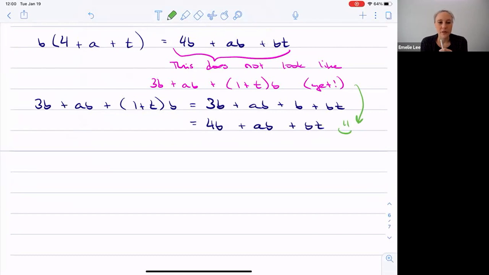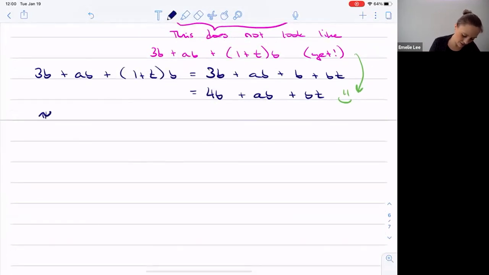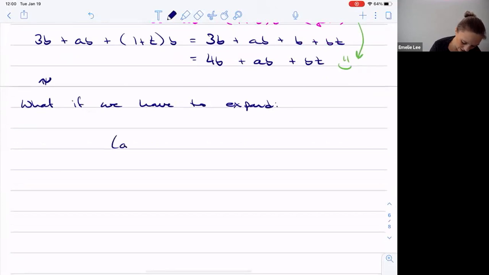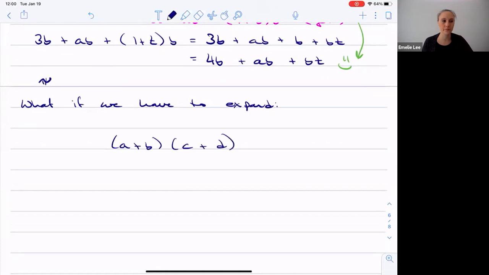Okay. So far we've been expanding and factoring pretty simple things. What if we have to deal with something like, so that's the end of our example here. What if we have to expand something like a plus b times c plus d? Okay. You have two options.